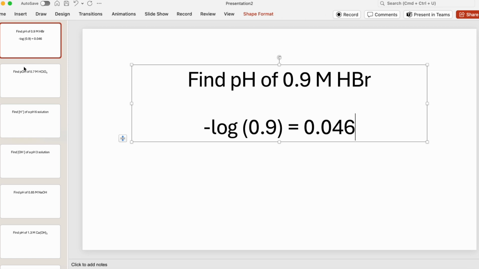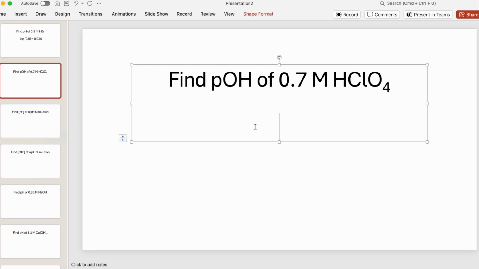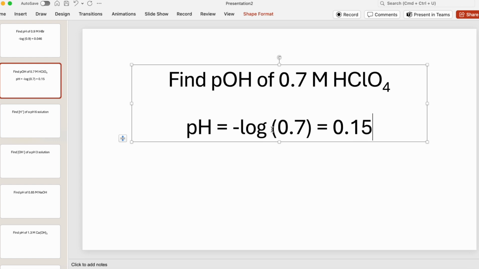Looking at the next one here, I want the pOH of 0.7 molars of another strong acid. This is another one that is strong. So we know that pH is equal to the negative log of that concentration. So my pH here is negative log of 0.7, which for me is 0.15.